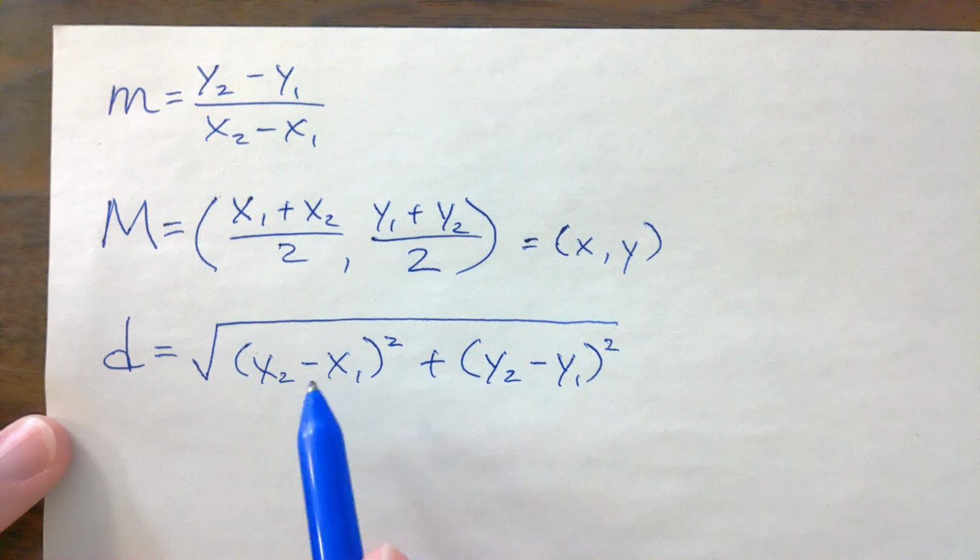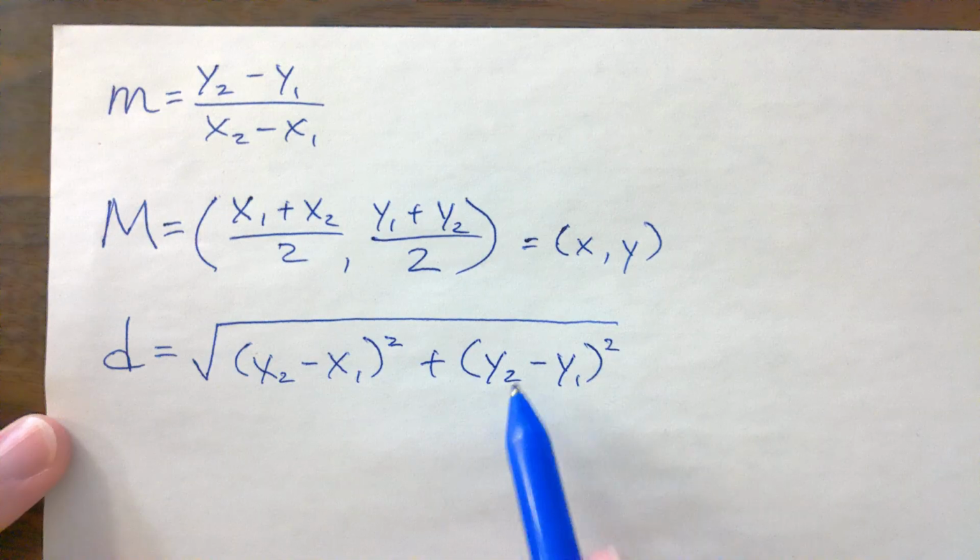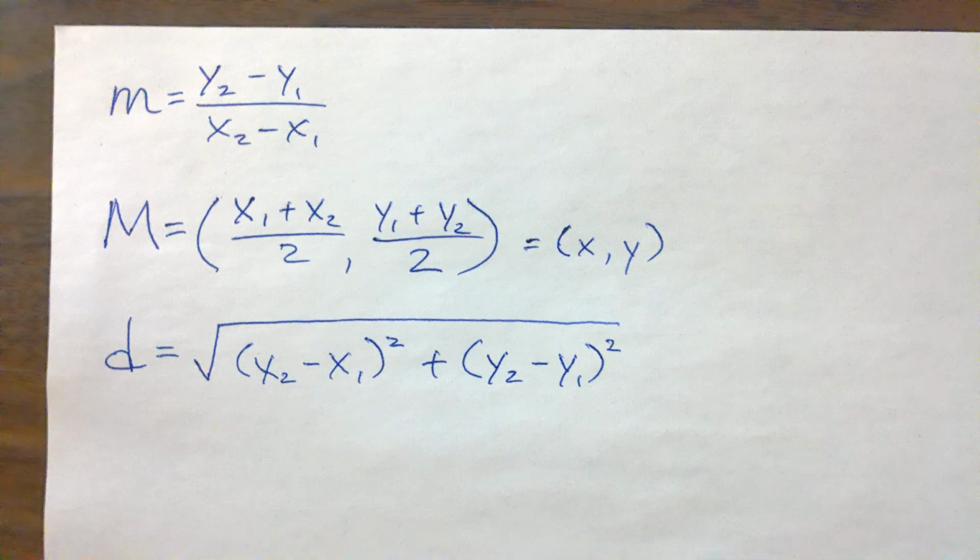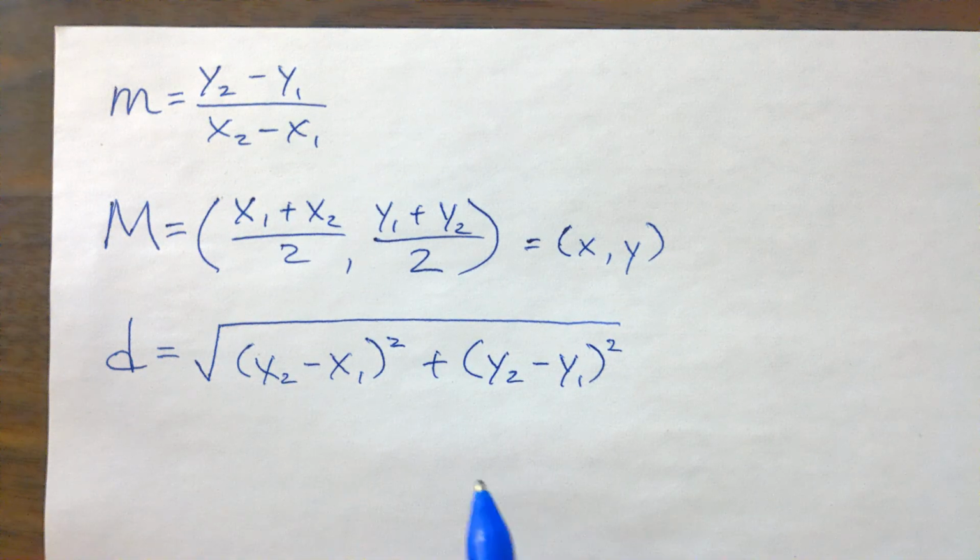This doesn't matter. The order doesn't matter. You can do y2 minus y1 and then x2 minus x1, because at the end, you're just squaring them and adding them together. So both work. What's another word for distance? Length, right? So if the question asks you how long is this line, you know you're using the distance formula.